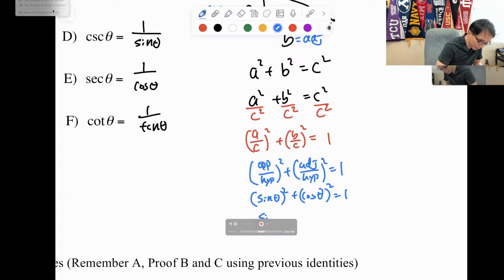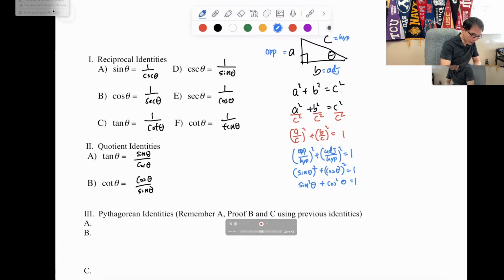The more appropriate way to write it is sine squared theta plus cosine squared theta is equal to 1. So that becomes the first identity. It's not sine 2 theta, as some people say. No. It's sine squared theta plus cosine squared theta equal to 1.